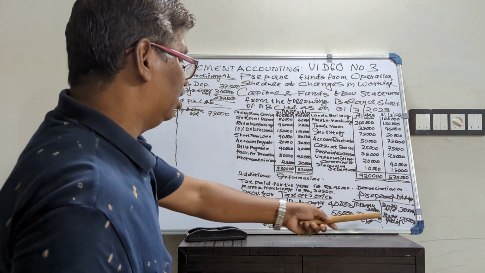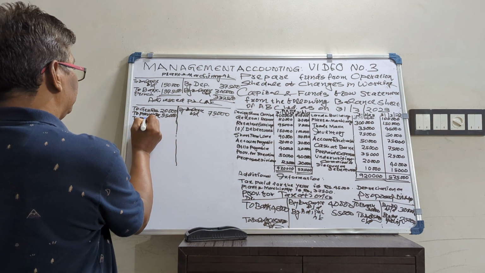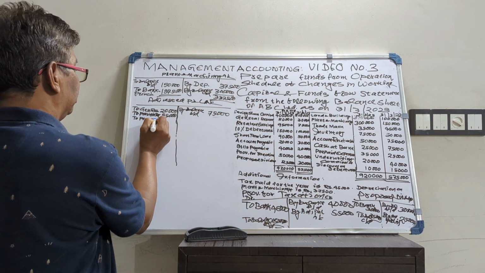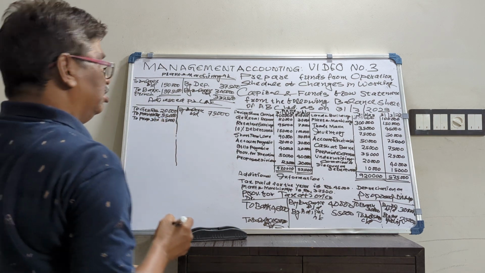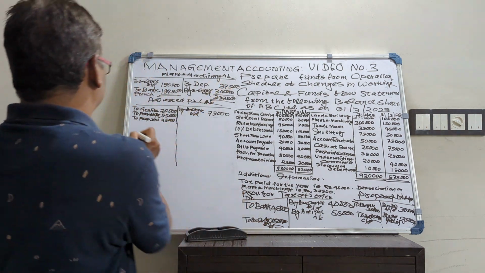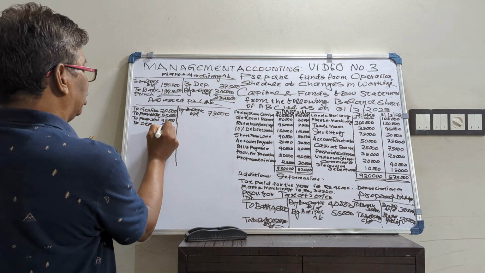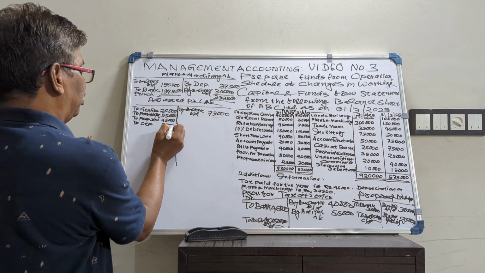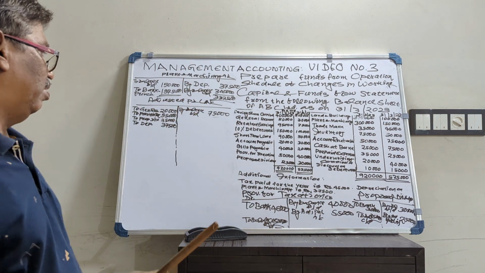Then here proposed dividend 25,000 to proposed dividend 25,000. Then 37,500 is depreciation, to depreciation 37,500. I already told you how to prepare an adjusted profit and loss account.